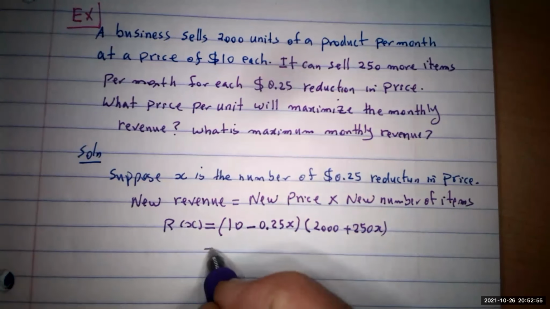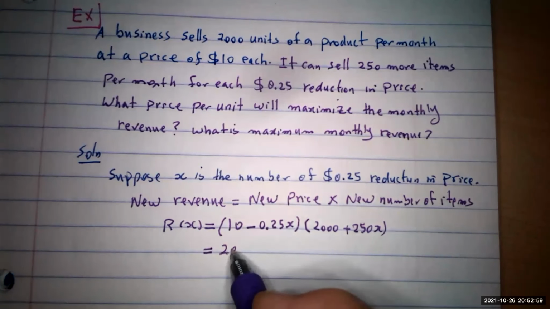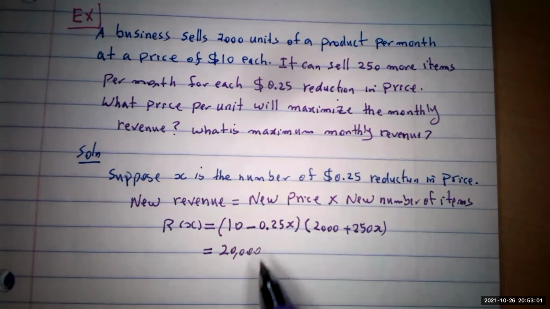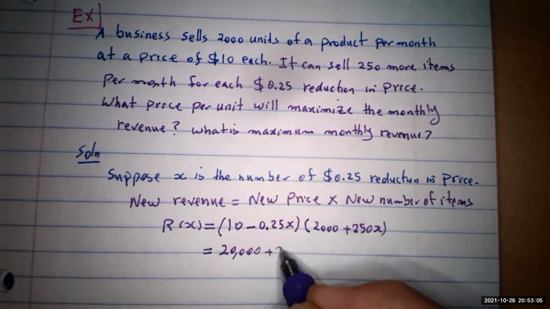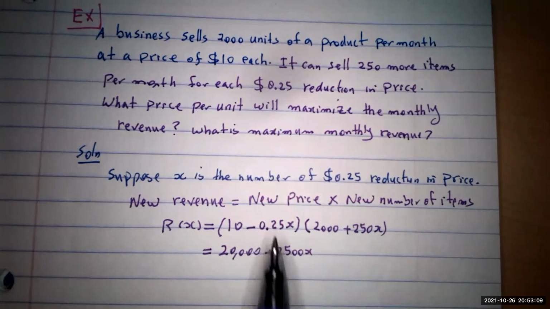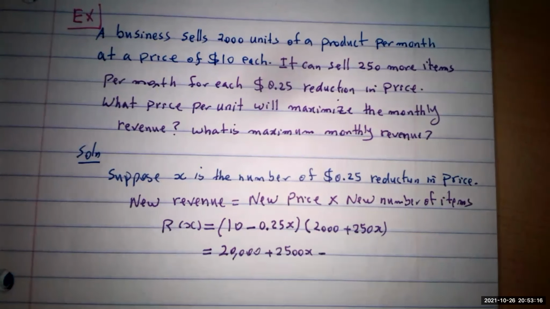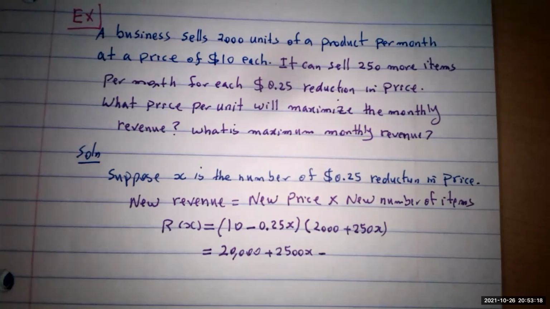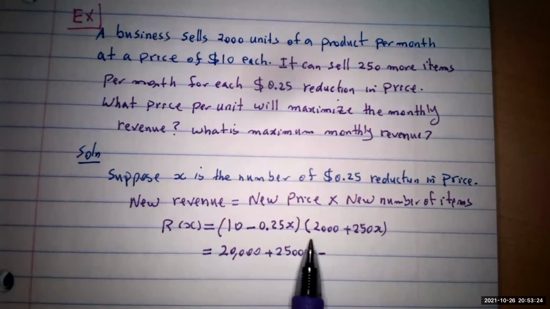So it's going to be equal to, okay, that gives you 20,000. And this is going to be 2,500X. Then I multiply this inside, it's going to be minus 2 times 0.25, that gives me 0.5.